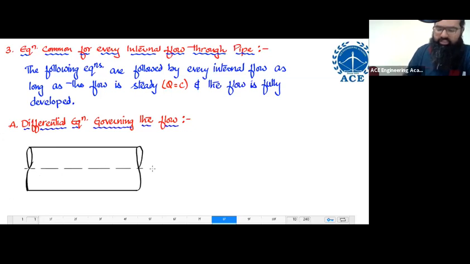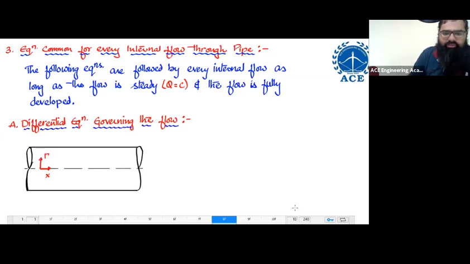Now listen carefully. Any pipe is going to be defined by only two axes. One axis is the central axis, which is represented by x. The other is the radial axis, which is represented by small r.